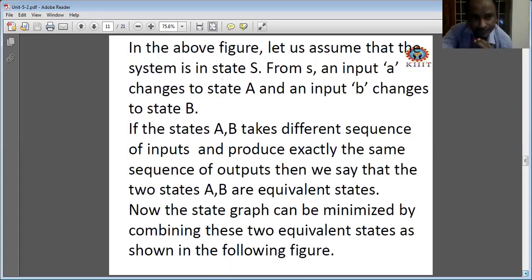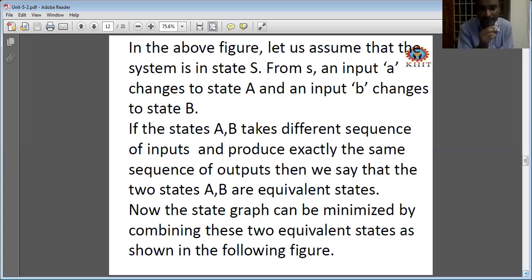Now next one. In the above figure, let us assume that the system is in state S. From S, an input A changes to state A, and input B changes to state B. That means S to A is A, S to B is B. If the states A, B take different sequences of inputs and produce exactly the same sequence of output, then we say that these two states A, B are equivalent states.